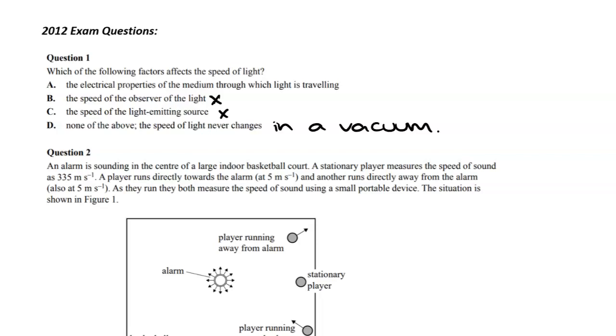The problem is when light starts traveling into different media, for example, if we weren't in a vacuum, we were in air, or if instead of air we were in water or glass or diamond, the speed of light changes significantly. And that's got to do with the properties of the medium through which the light is traveling. Now they refer to it as electrical properties here. We're going to be referring to something called the refractive index in a future topic. So A is the answer for this one.